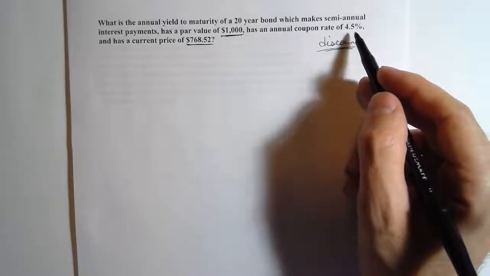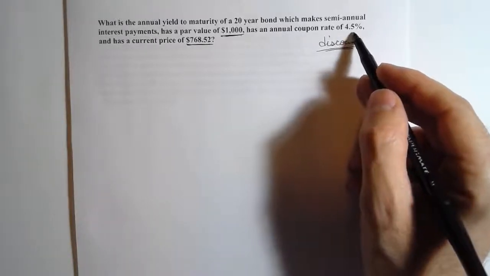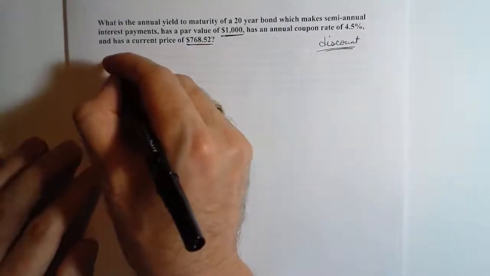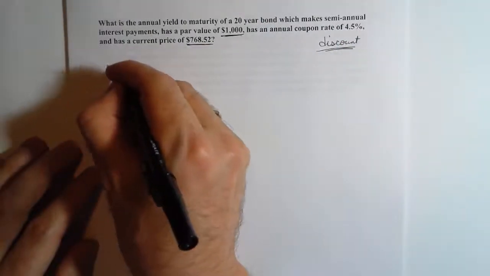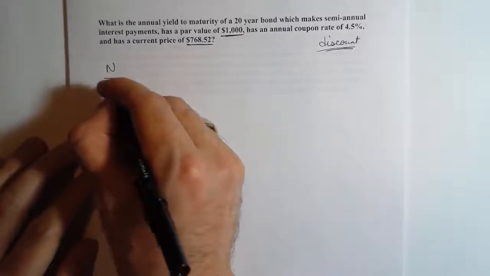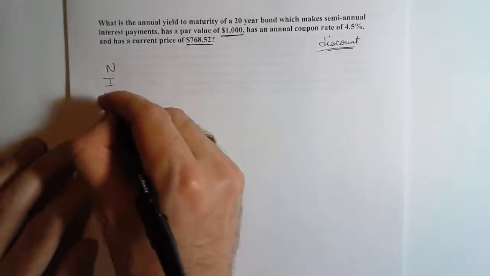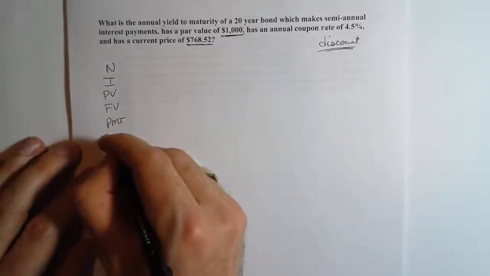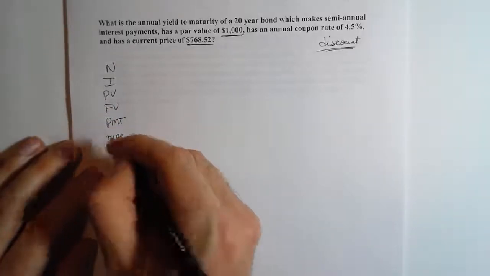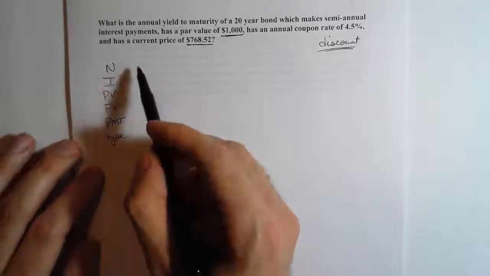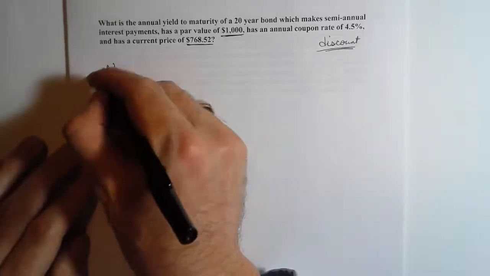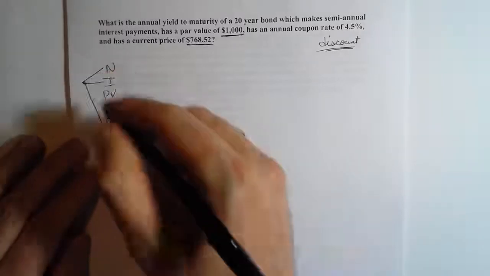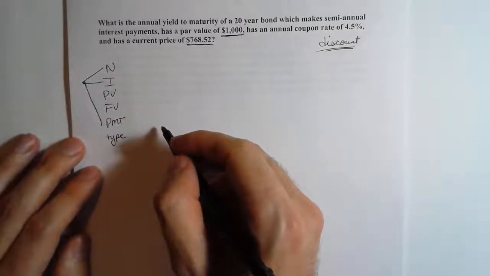The first thing to do now is to figure out what we have in terms of data. So let's write down the inputs that we've been using for a lot of these examples: N, I, PV, FV, payment, and then type. As always, N and payment have to connect to the same period of time.